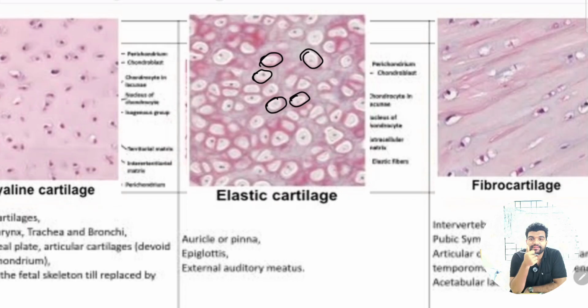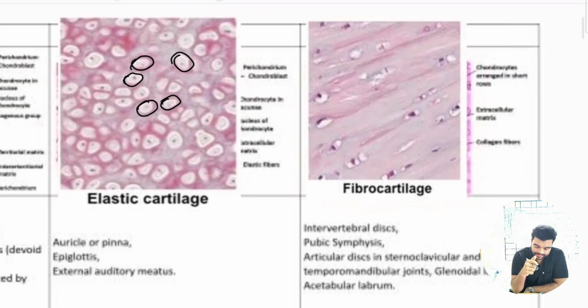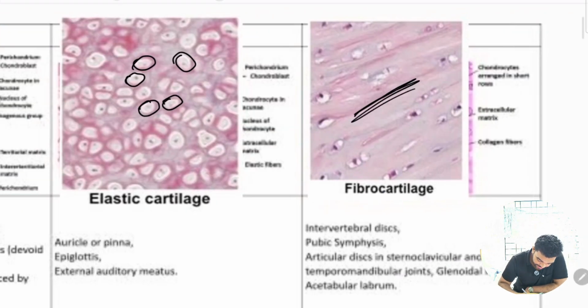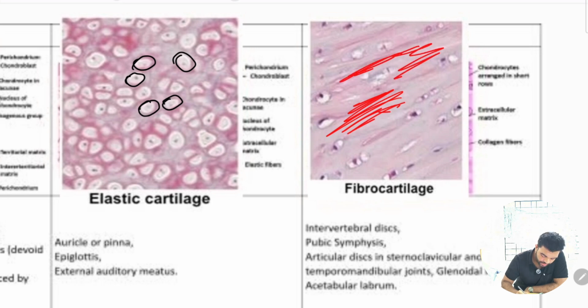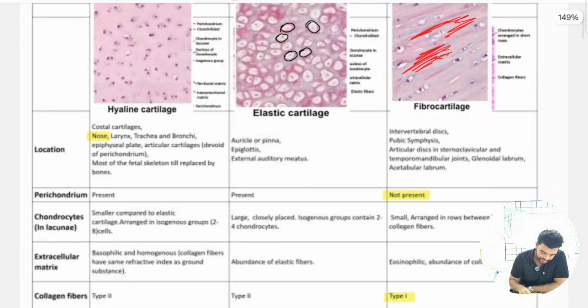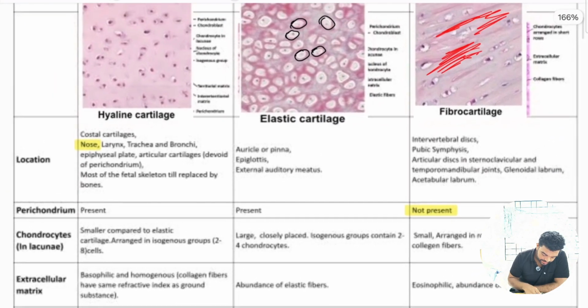A slide will be given with respect to elastic cartilage, and fibrocartilage will show these fibers, okay? So these fibers you will be able to easily appreciate in the fibrocartilage. That is all and everything you need to remember in hyaline, elastic and fibrocartilage. So this is the entirety of cartilages.